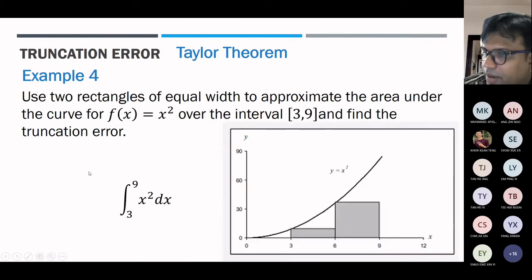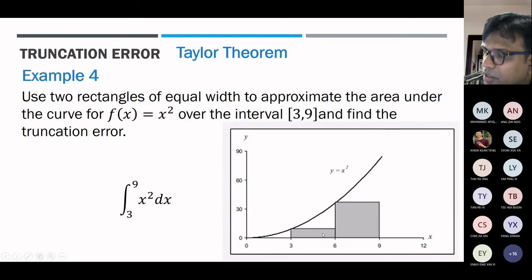As you can see, they give you two rectangles in order to determine the area under the curve, and there is a width of 3. The original function is y equals x squared, a quadratic function.